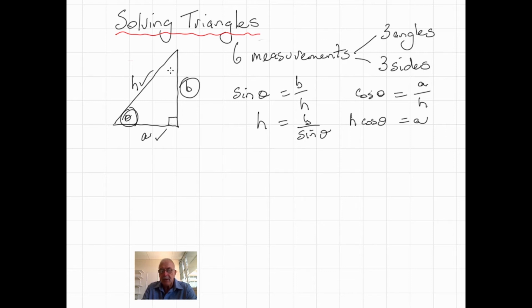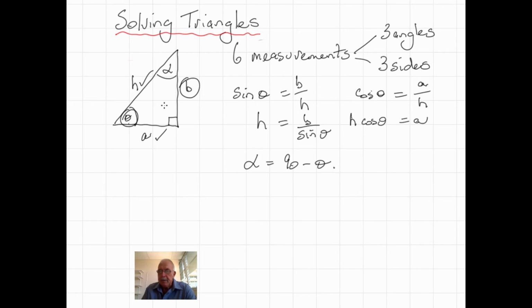That's the sixth piece of measurement that we need to work out, and we know that these two angles must equal 90 degrees. So if we call that alpha, alpha is equal to 90 minus theta. So that gives us our six measurements in a right angle triangle. And if you're given H, you can work out A and B and so on.